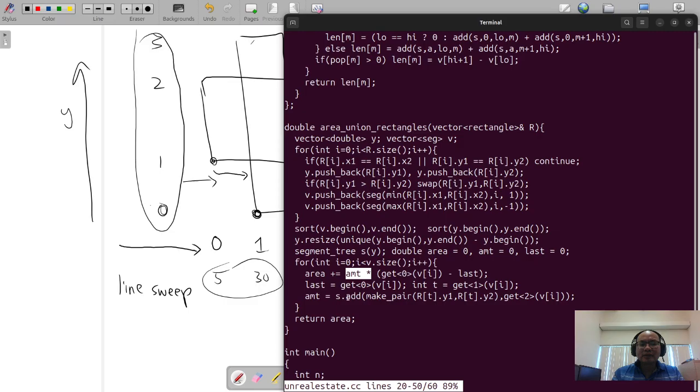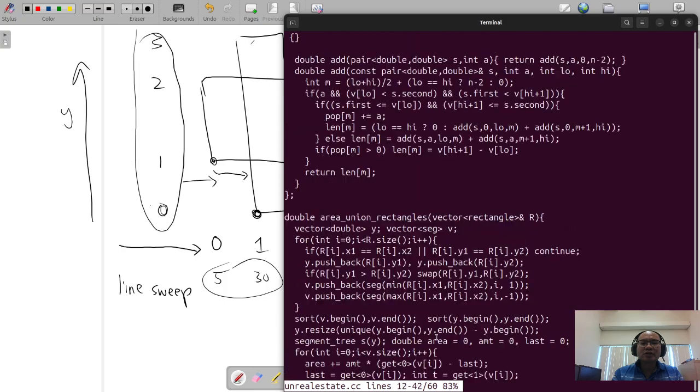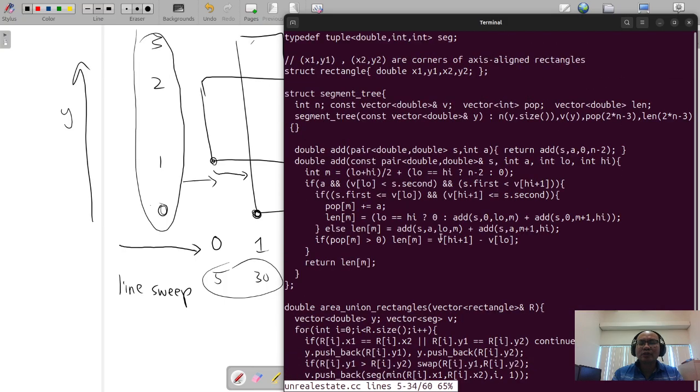And then at the next interval, whether we are entering or leaving, right? So yeah, it's +1 or -1 that basically changes what's kept track of by the segment tree.